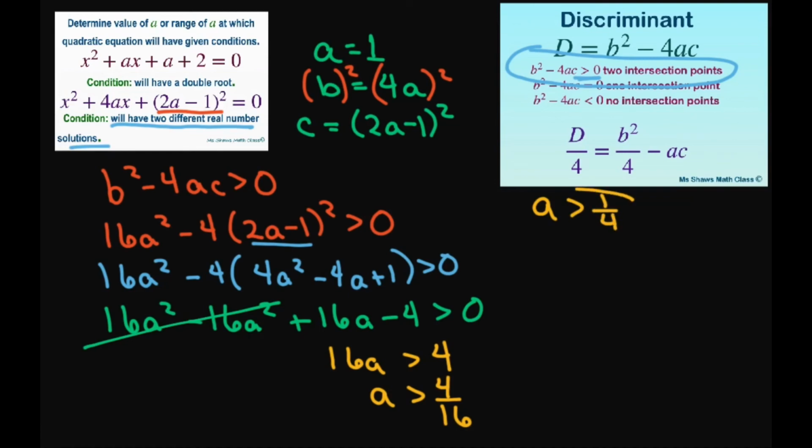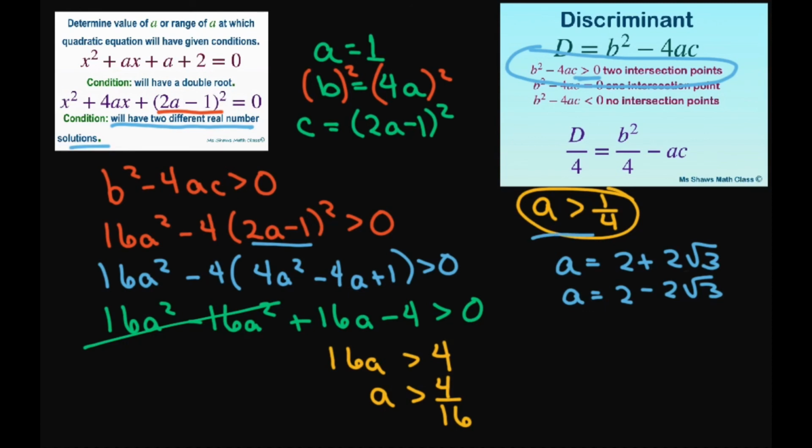or a has to be greater than 1/4. Now recall on the other one, what we had is a equals 2 plus 2 square root of 3, or a equals 2 minus 2 square root of 3.